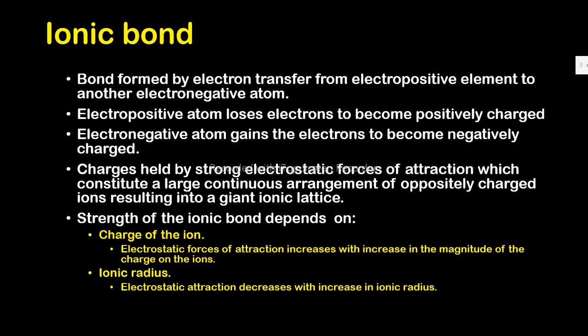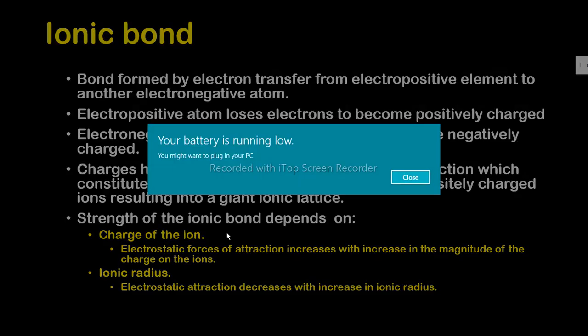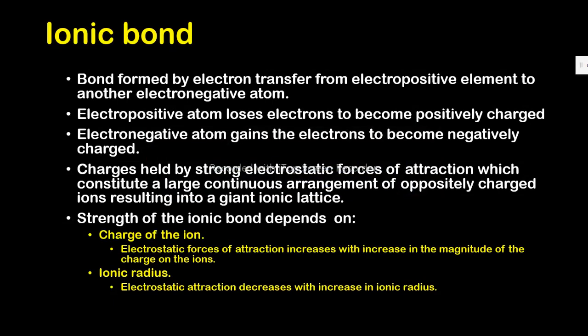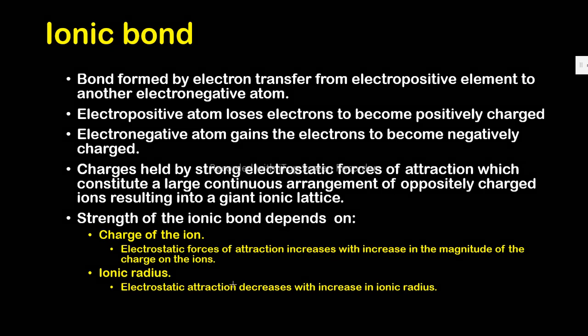The boiling point of these oxides is increasing from sodium to magnesium to aluminium. I'm speaking of oxides. Why? Because of these factors, the charge and also the ionic radius.